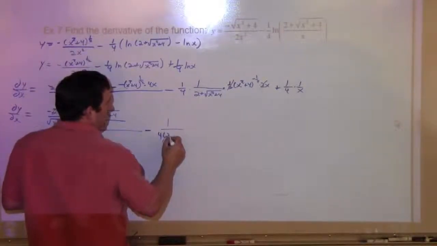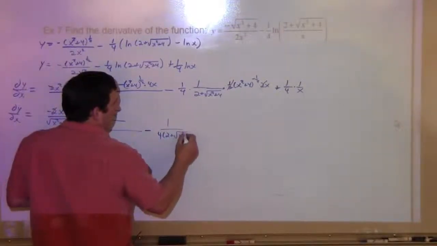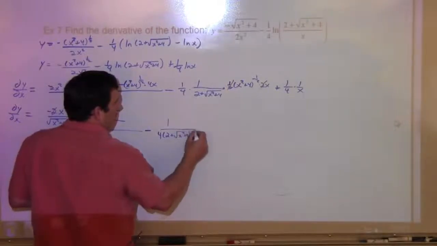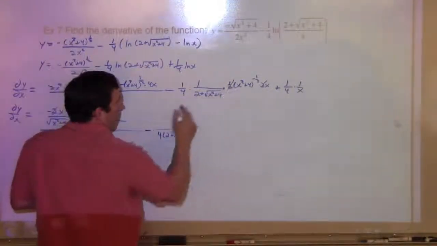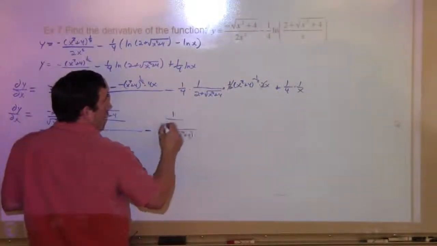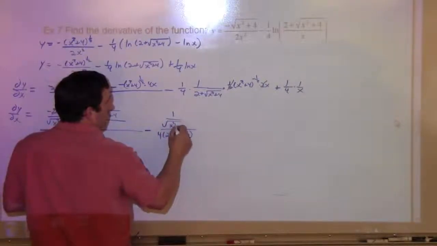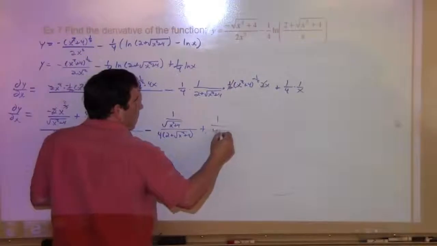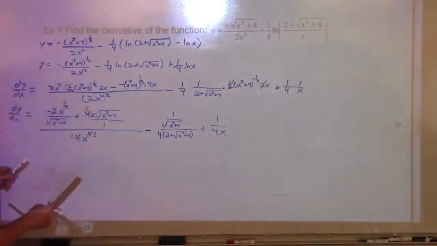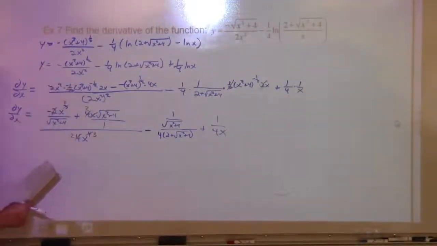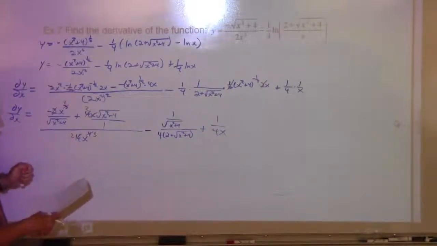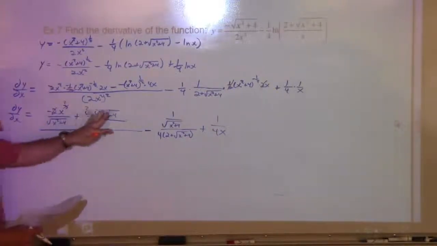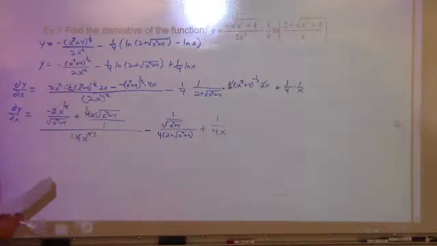1/4 times 2 plus the square root of x squared plus 4. On top, what do we have? We have 1 the square root of x squared plus 4 plus 1/4x. Now I'm only willing to go so far. I want to eliminate the complex fractions and I'll stop.